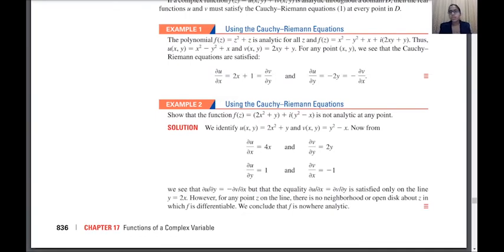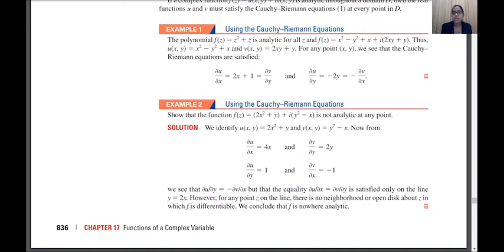So example 1, we are given the polynomial f of z is equal to z square plus z. First of all we'll convert it into the form f of z is equal to u of x, y plus i into v of x, y. We have to substitute z equal to x plus iy.